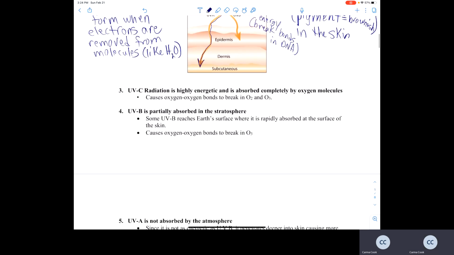Now, the UVC radiation is the highest in energy, and therefore, if it reached the Earth, it would destroy DNA molecules instantly.